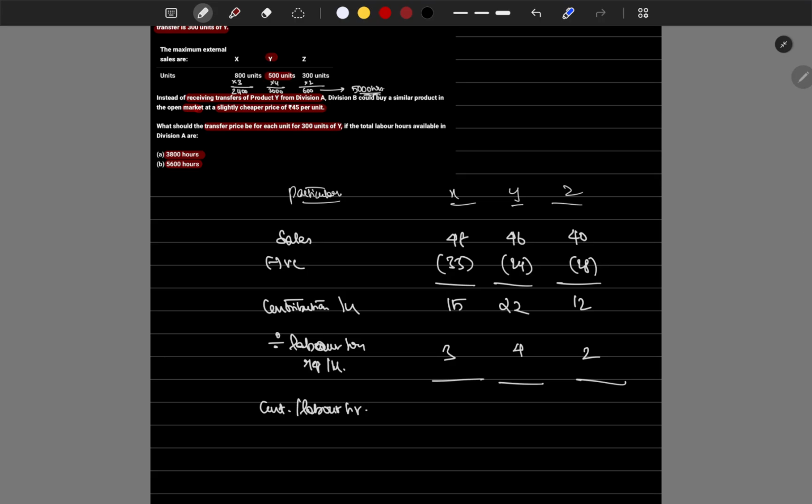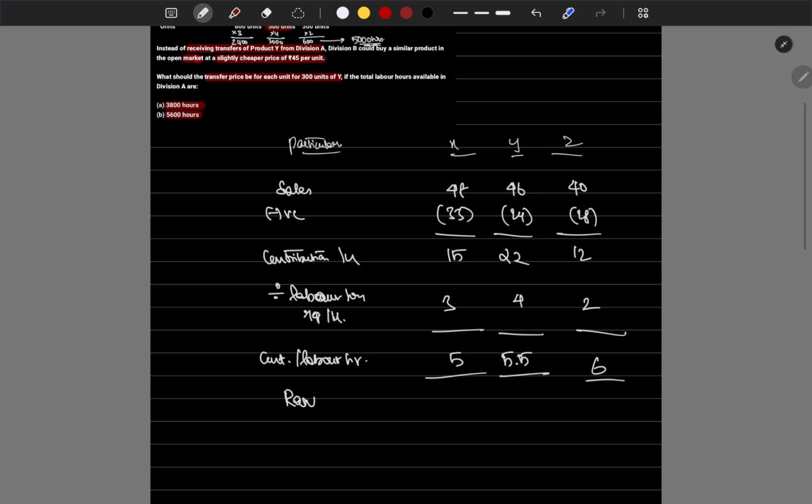It is 5 for X, 22 divided by 4, which is 5.5 for Y, then 6 for Z. Let's quickly rank it. First rank goes to Z because of higher contribution, second goes to Y at 5.5, third goes to X at 5.